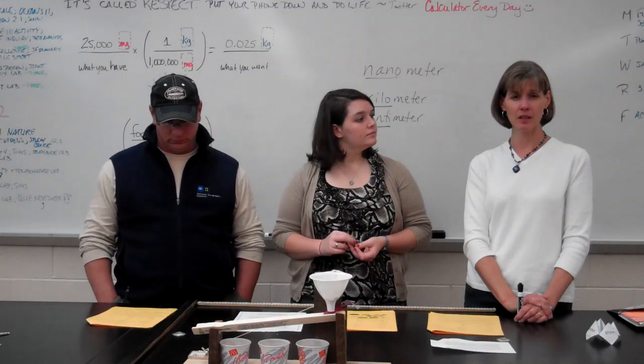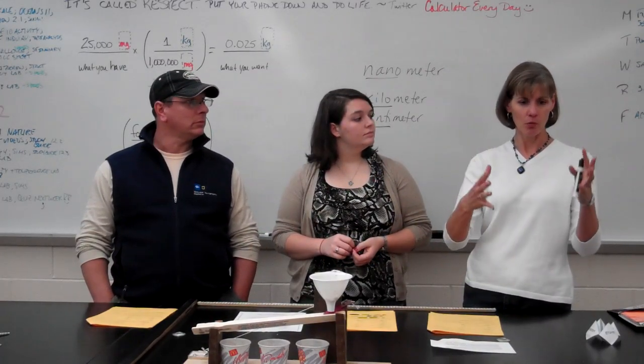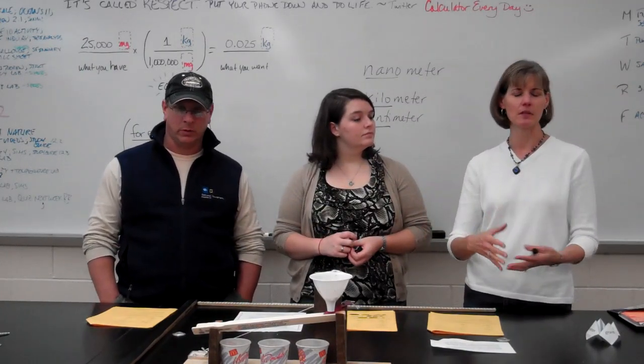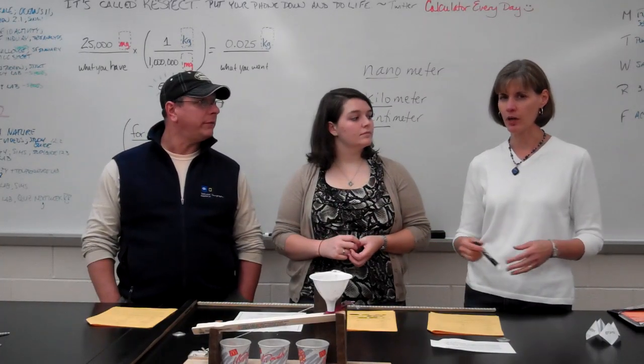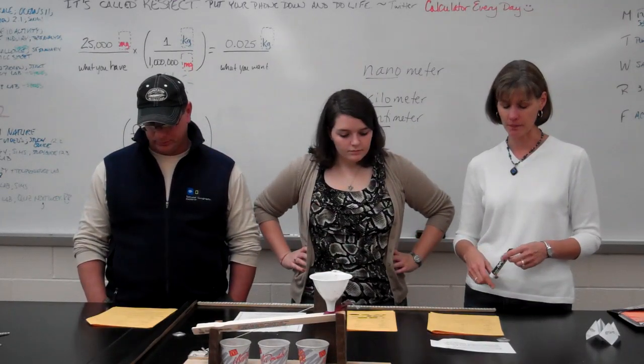Really stopping and thinking, maybe do a little sketch on your answer sheet of what this might be. From one volume to the next, what would happen to the density? Or one mass to the next, if the volume is the same, what would happen to the density? And I think drawing a picture of that will help you with that. But I do know that this is one that people typically have trouble on.